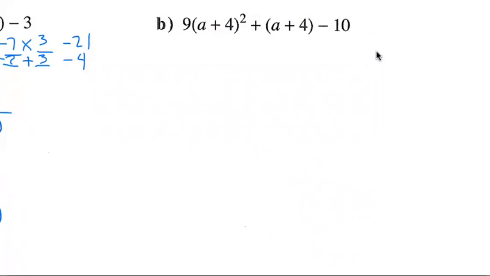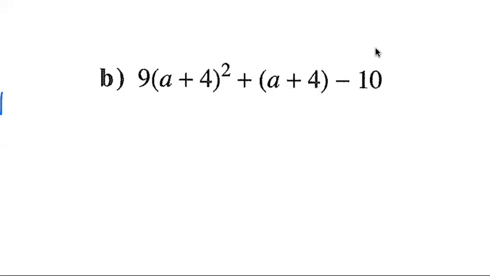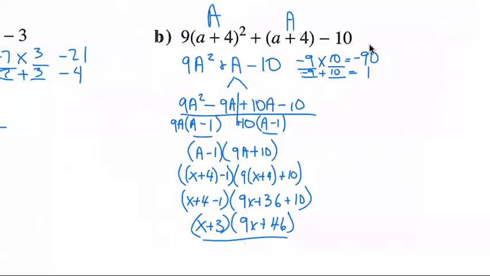Okay, so you paused the video, you did this question. Here is your solution. And there is your worked solution. So substituting a for x plus 4, finding your two numbers, factor by decomposition, resubstitute in x plus 4, and simplify both sets of brackets.